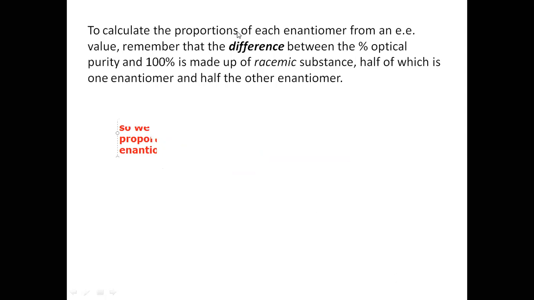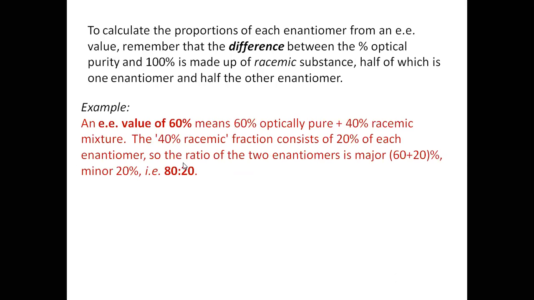So let's go for an example. See, suppose there is a value given to you, the enantiomeric excess value. Suppose they have given you the value 60%. It means 60% is optically pure, and 40% will be the mixture in that sample.